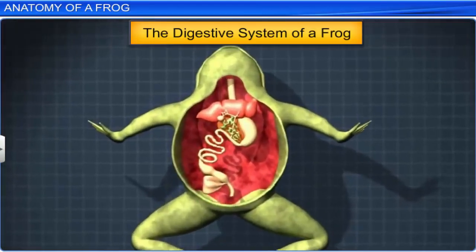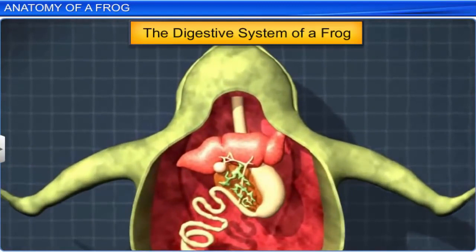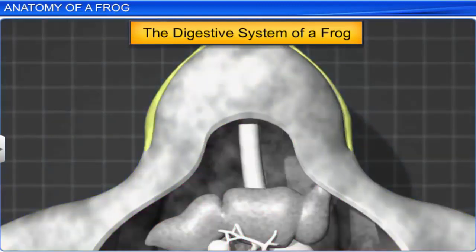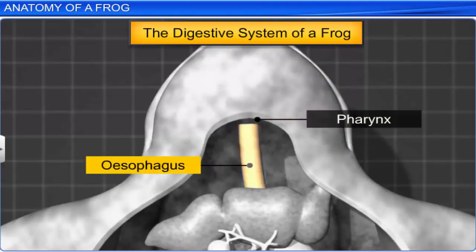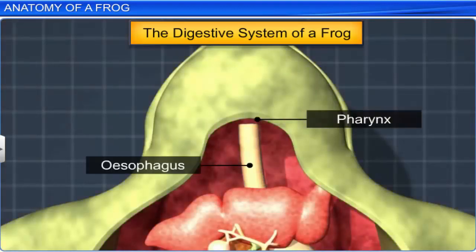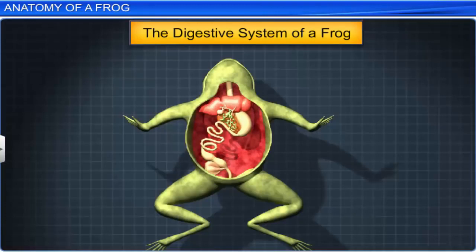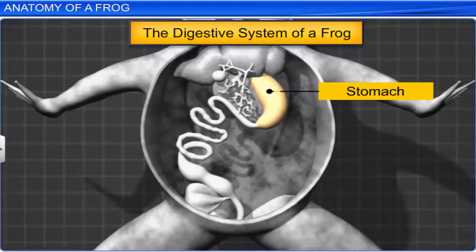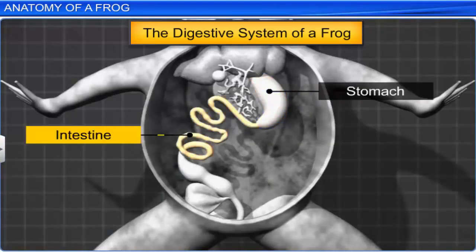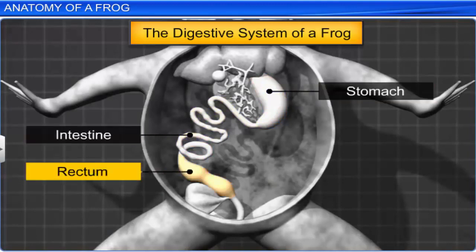The alimentary canal begins with a wide, semicircular mouth that opens into a buccal cavity, which leads into a pharynx. The pharynx continues into a short, tubular esophagus. The esophagus is followed by the stomach, which continues as the intestine, rectum, and finally opens into the cloaca.